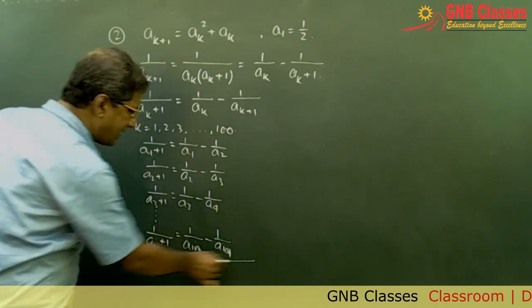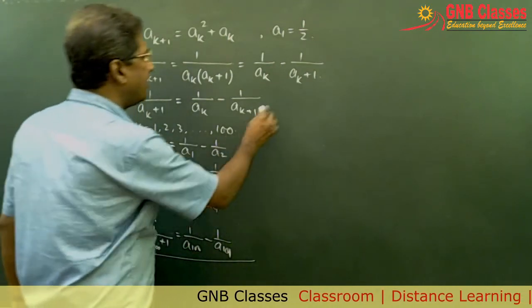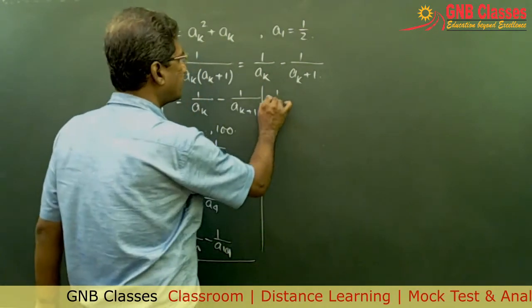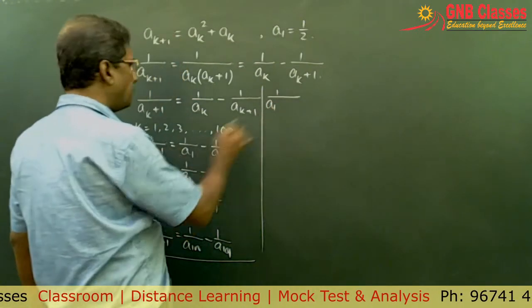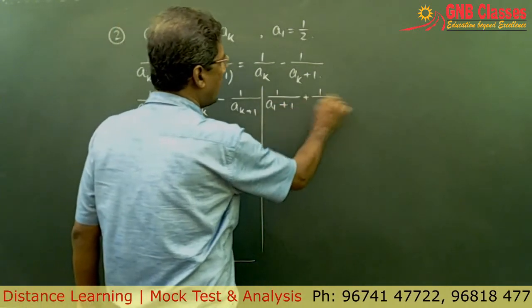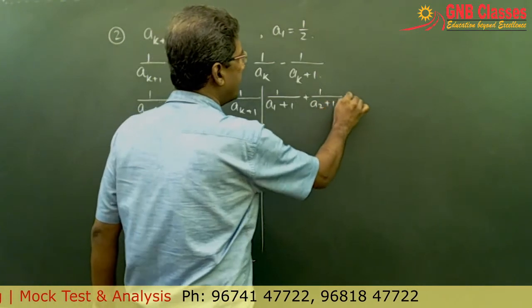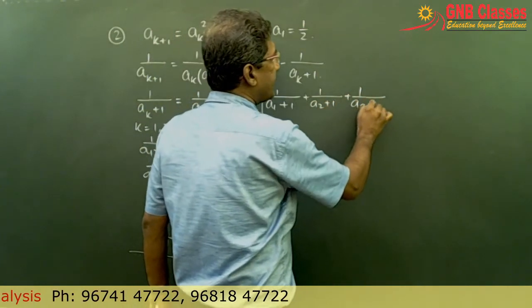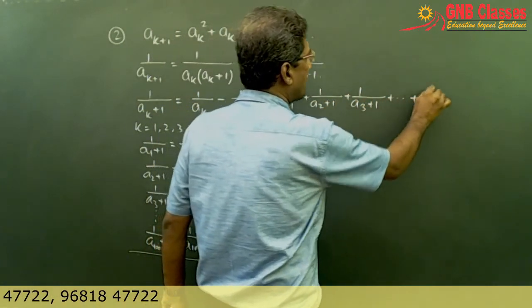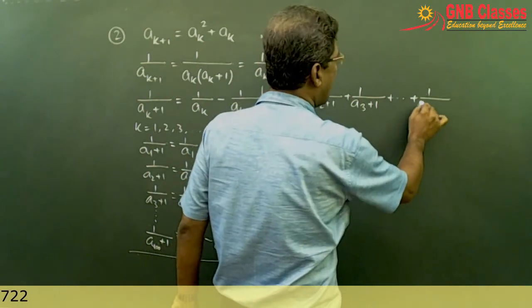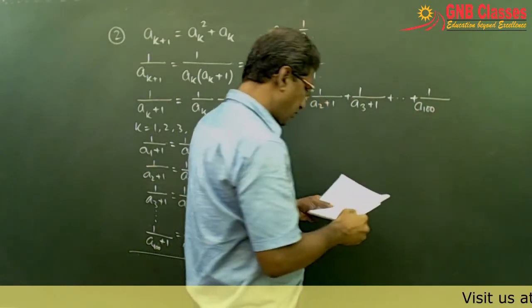Now if I add the corresponding sides, in the left hand side we are getting 1 by a1 plus 1 plus 1 by a2 plus 1 plus 1 by a3 plus 1 plus dot dot plus 1 by a100 plus 1. That is exactly what is required.